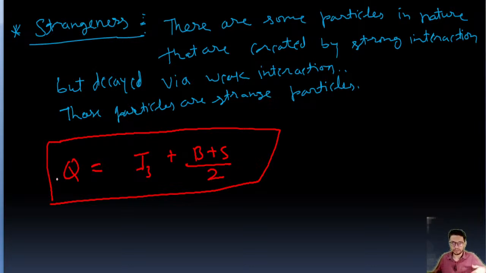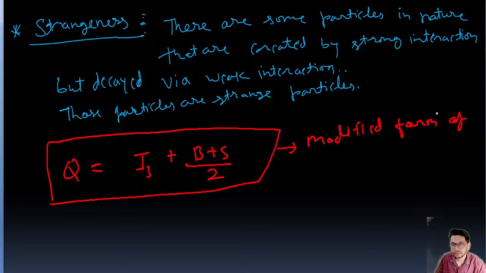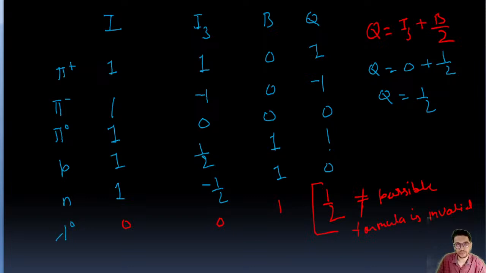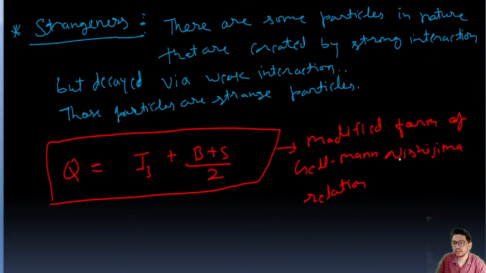So this is valid for all the particles. This is the modified form of the Gell-Mann-Nishijima relation. Because strange particles were the problem, the original was not valid, but this modified one is valid for everything.